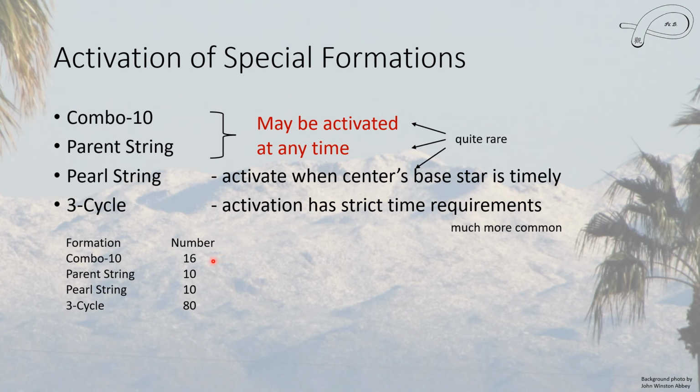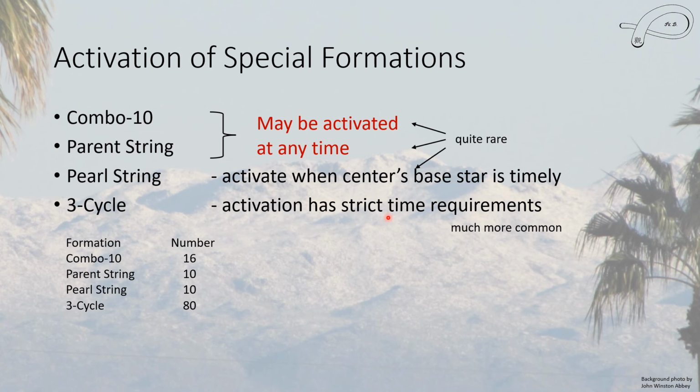Only 16 of those charts are combo 10s. Only 10 are parent string and only 10 are pearl string. But over half the charts have the right star formations to become a 3-cycle house. However, these strict time requirements knock out many of those at any given time or any given period.